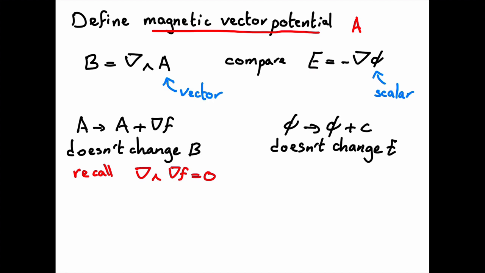So there's a prescription in quantum mechanics for working out what happens when we want to formulate things in terms of a magnetic field.